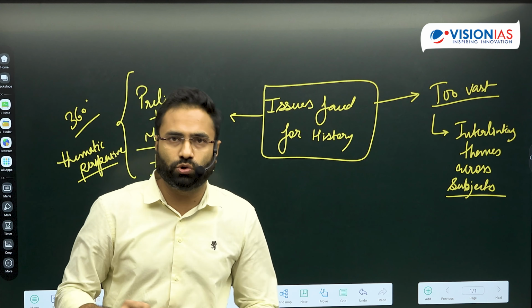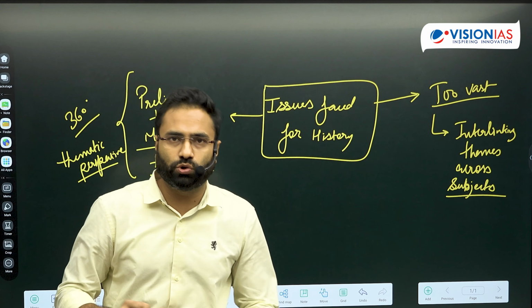So whenever the question is in polity or in history, you can integrate both the things. But the vastness is providing another issue: how to complete in less amount of time.